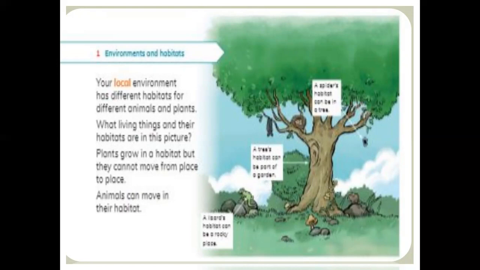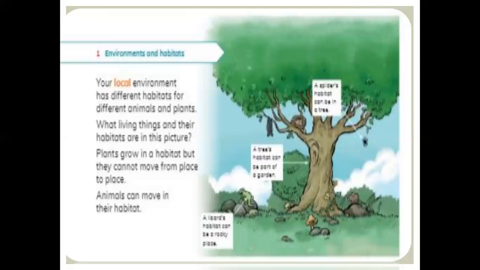They grow in a habitat where they have water, soil, air, but they cannot move from one place to another. Animals can move in their habitats. Animals can move to different habitats. They can make their different habitats.